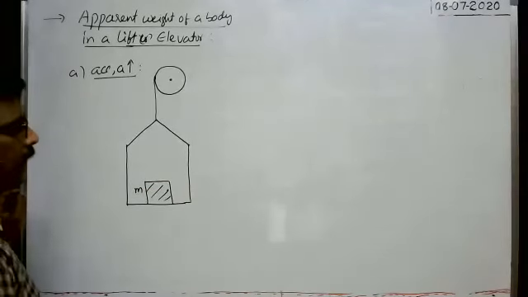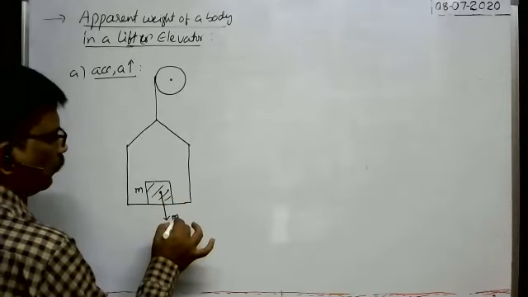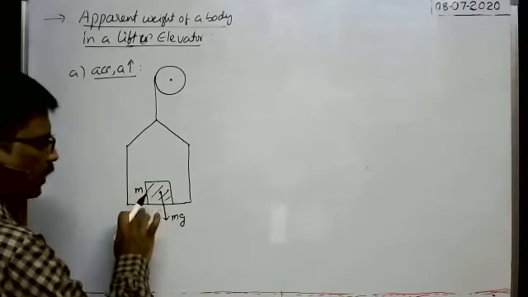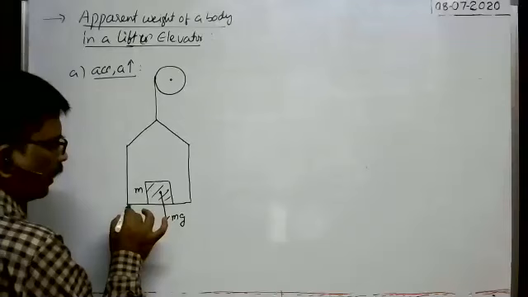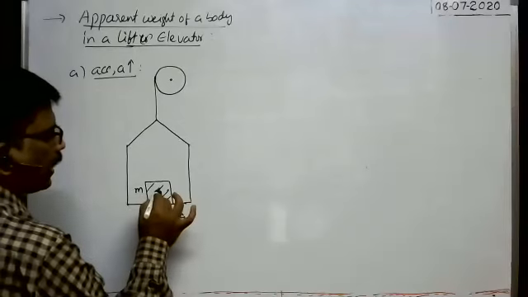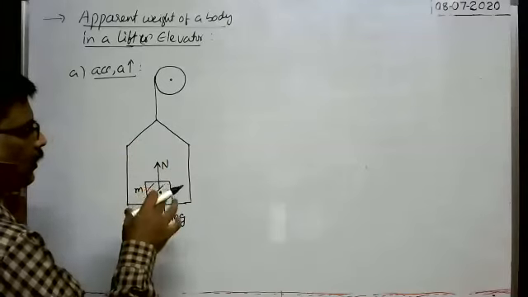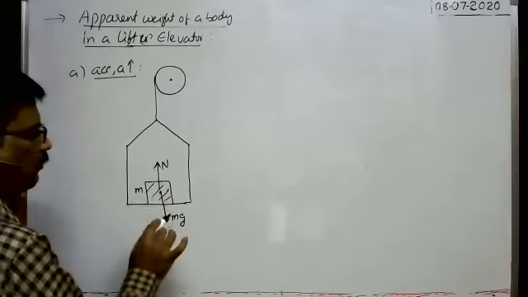One, the weight of the block acts vertically downwards, which is mg. Because of this weight, does the block break the floor of the lift and come down? No. At the same time, the floor of the lift also exerts a reaction force on the block in the upward direction. So, along the vertical direction, there are two forces acting on the block: one, the normal reaction, and another, the weight.